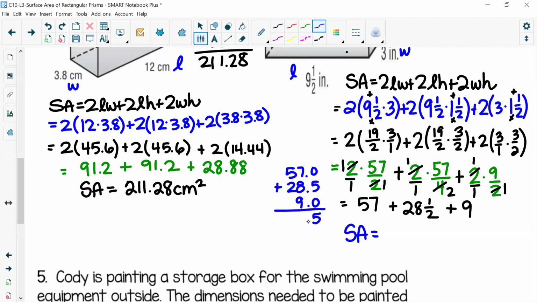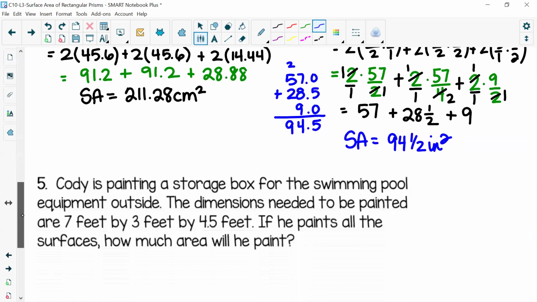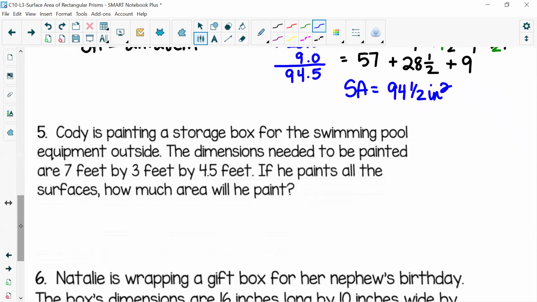Now we have 15, carry the 2. And then we have 9. So we have 94 and 1/2 inches squared. Alrighty. A little more difficult, but not too much.